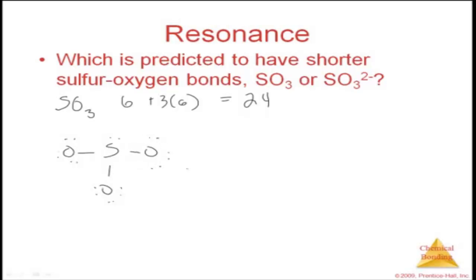If I do that, I have 8, 16, 24, 26. I have too many, so I'm going to make a multiple bond. And if I do that, then I really need to draw 3 structures because this is a resonance, right? And the double bond could be on any of those.